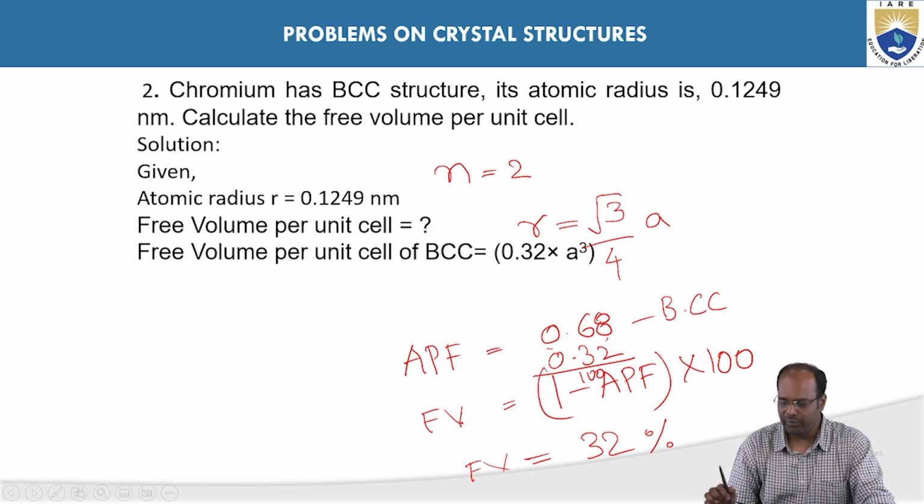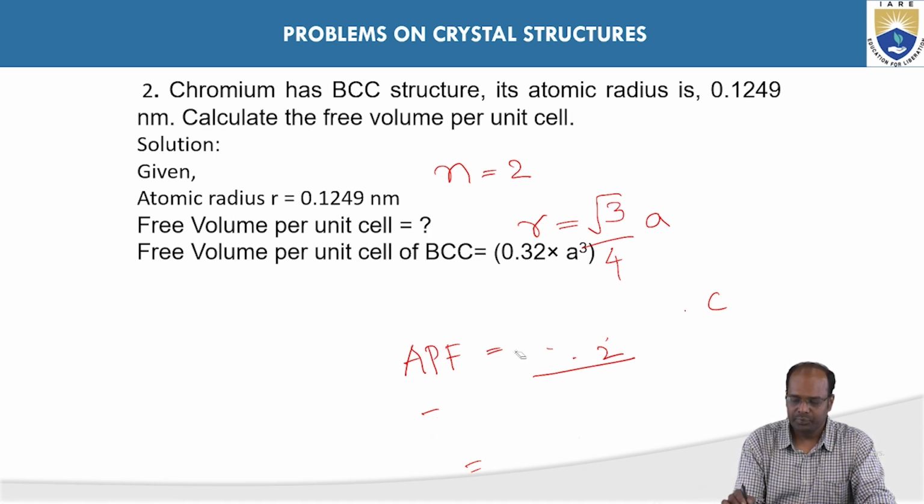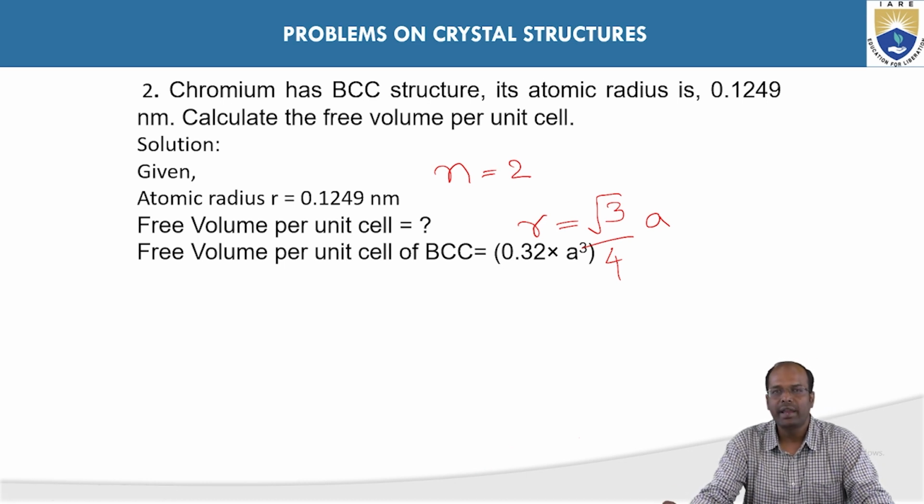So we are taking 0.32 for free volume, meaning how much of the body centered cubic structure atoms are able to fill. Atomic packing fraction is 0.68, so free volume per unit cell is 1 minus atomic packing fraction.